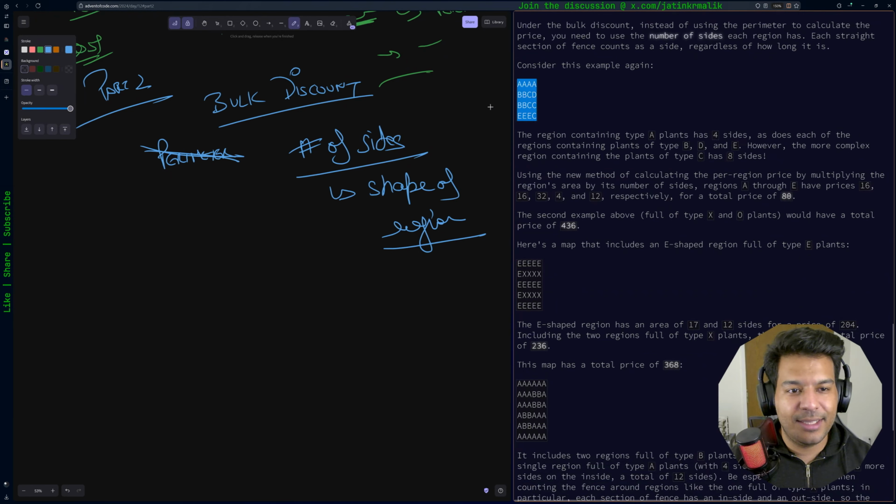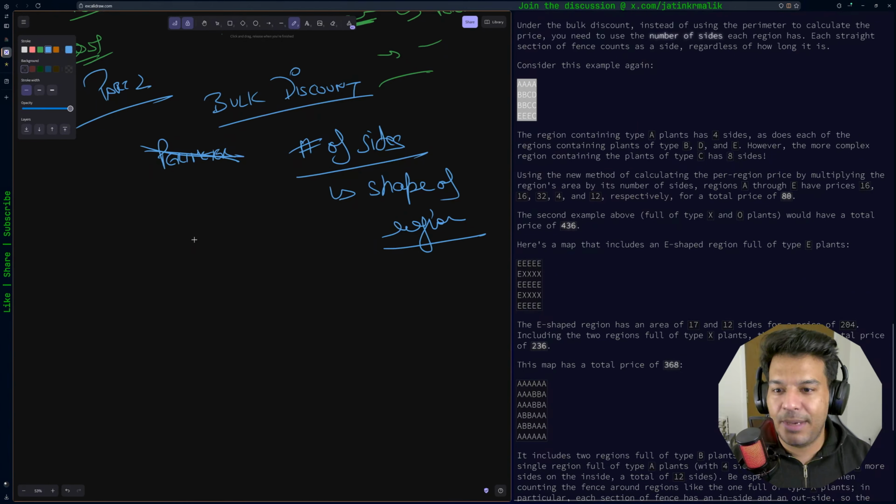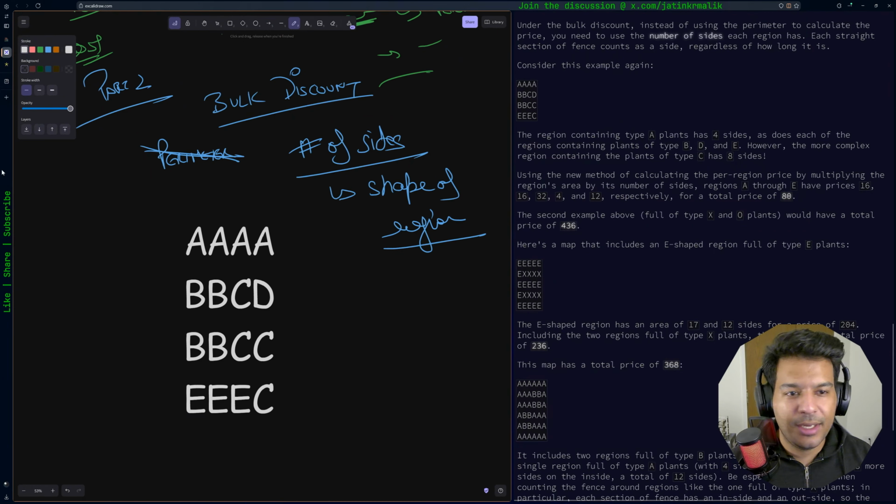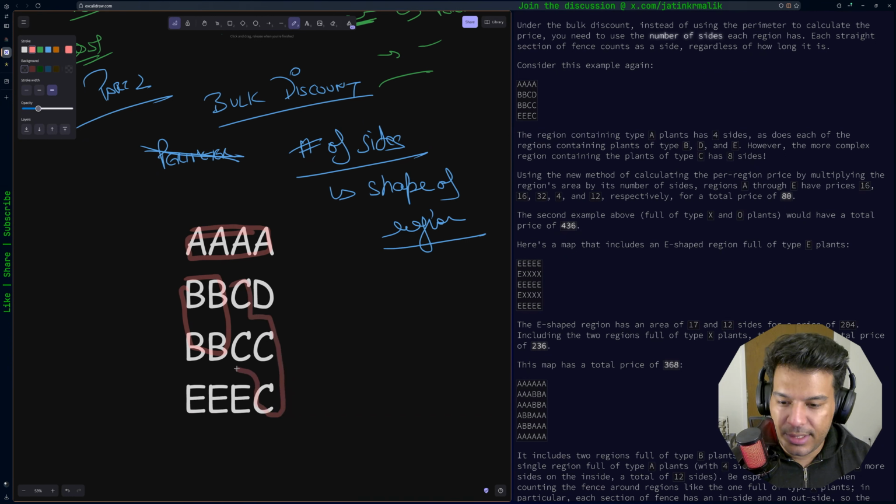Considering this example again, let me get this back to our whiteboard. If we were to draw the regions again, like we did before, we can see we have one region here, one region here, one region for C here, one for E here, and then one for D here.